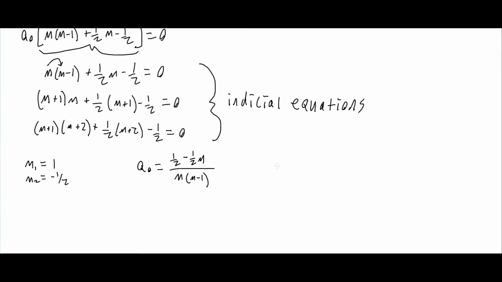And we can get the other coefficients in terms of a sub naught. We end up with something that looks like m plus 1 times m plus 1/2, times m plus 1, minus 1/2, and in the numerator, we will have minus a naught times m.